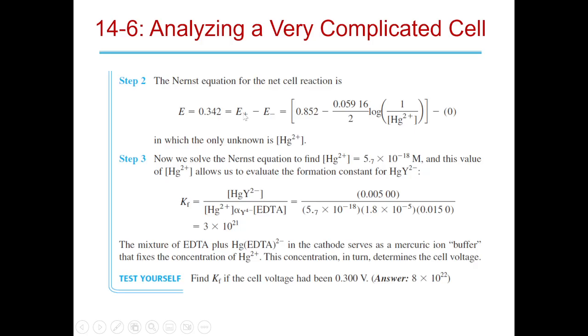And then you also have that mercury going to mercury liquid. Remember that one? So you plug that into the overall Nernst equation for the cell, the net cell reaction. Remember that equation? It only had one variable, didn't it? Which happens to be the mercury 2 plus concentration we want. And so we'll solve for this concentration right here.